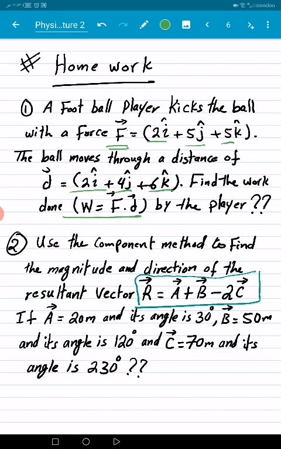Number 2. Use the component method to find the magnitude and the direction of the resultant vector.